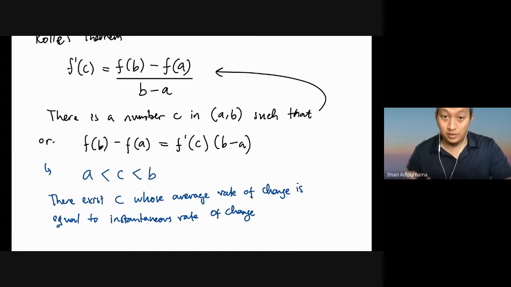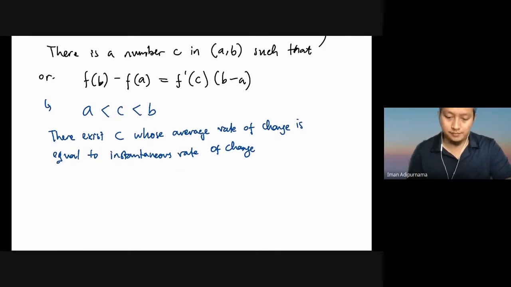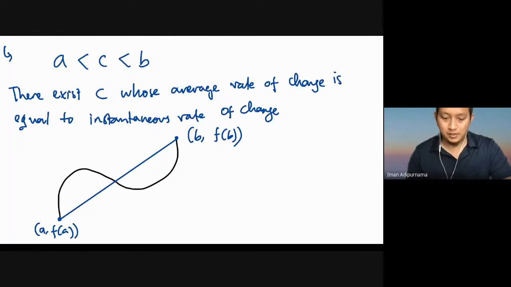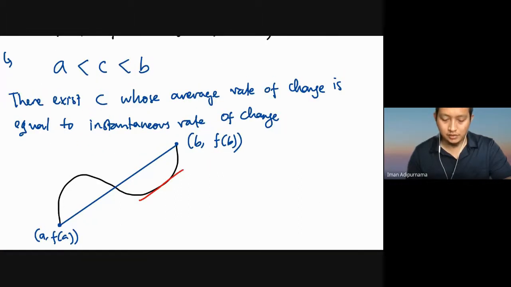Okay, what does it mean? Here I have a random function like that, and I have the second line here. This is a, f of a. This is b, f of b. Now between a and b, there will exist a tangent.